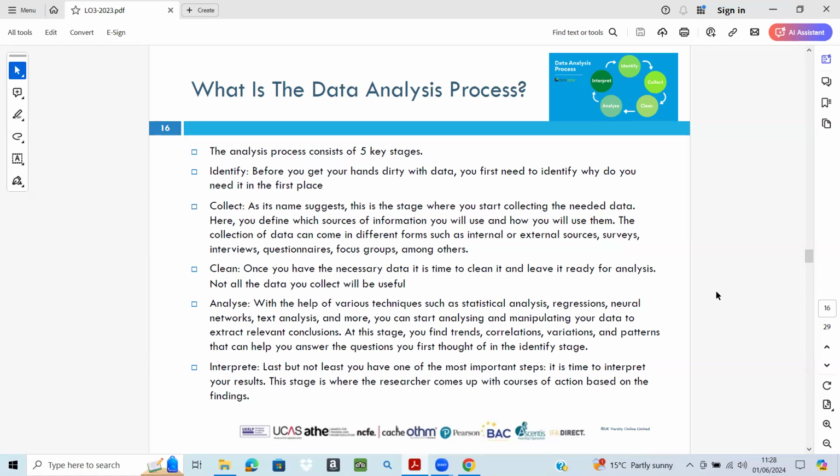Then we have the step of analyze. So apply data analysis techniques to extract insights and identify patterns. The last one was interpret: interpret the results, draw conclusions, and make informed decisions based on the insights derived from the analysis.